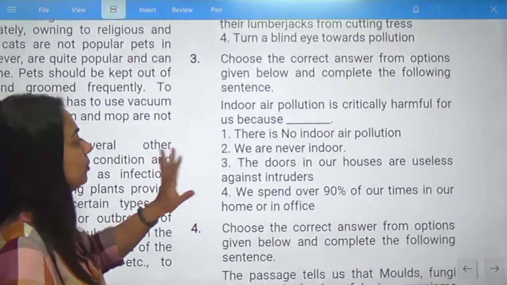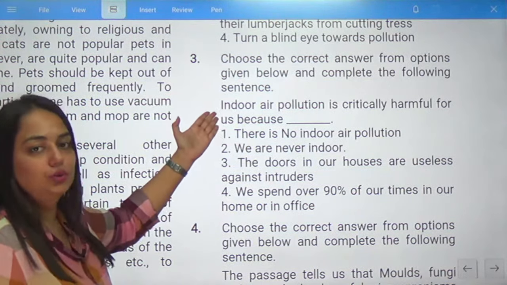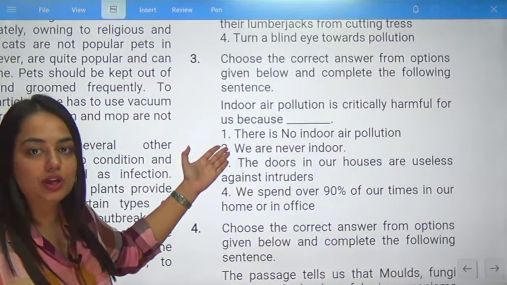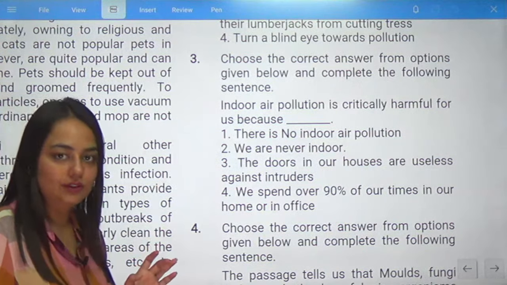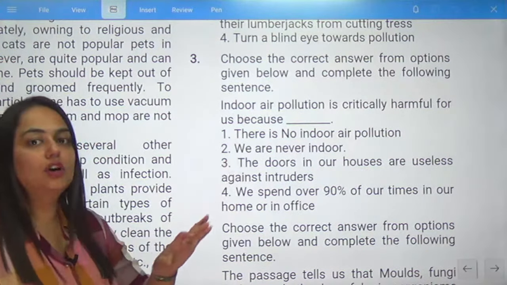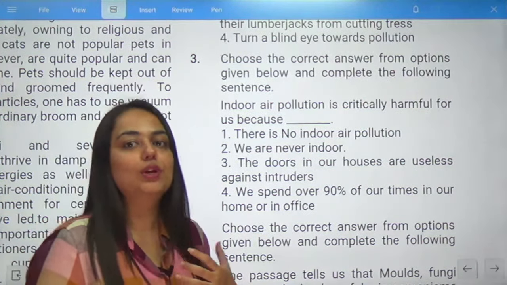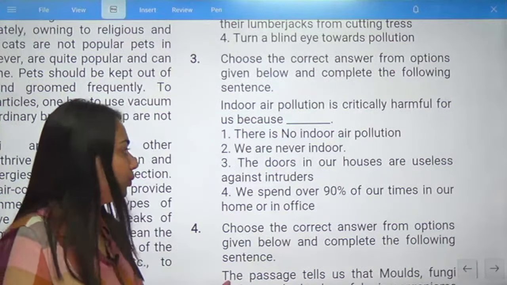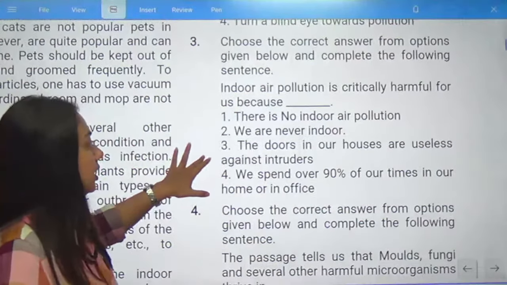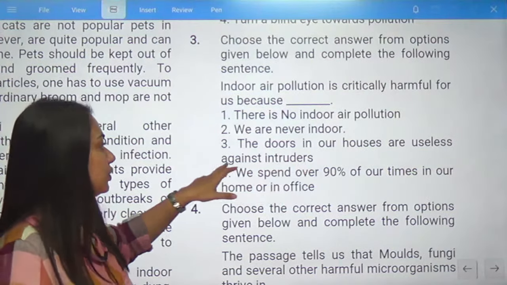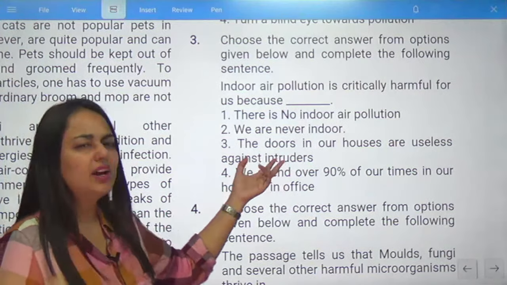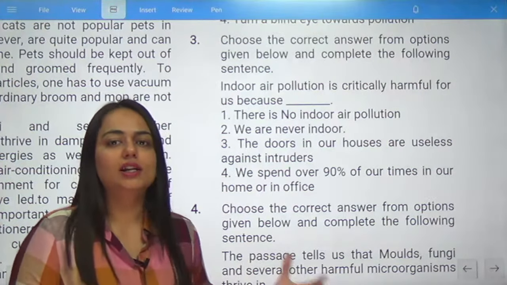There is no indoor pollution. Now this is quite contrary to the sentence itself. Naive option I would say. We can easily eliminate the first one. We are never indoor. Nonsensical option I would say. So we are indoor, right? We have to stay indoor sometimes. The doors in our houses are useless against intruders. Why are we talking about intruders, the uninvited people?